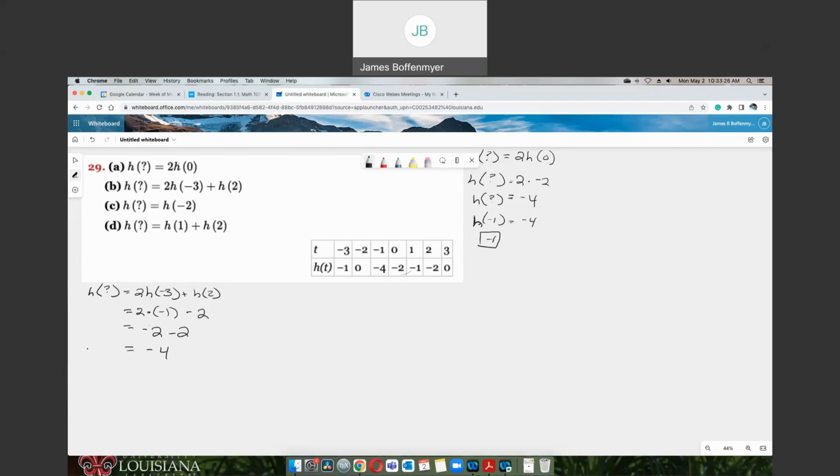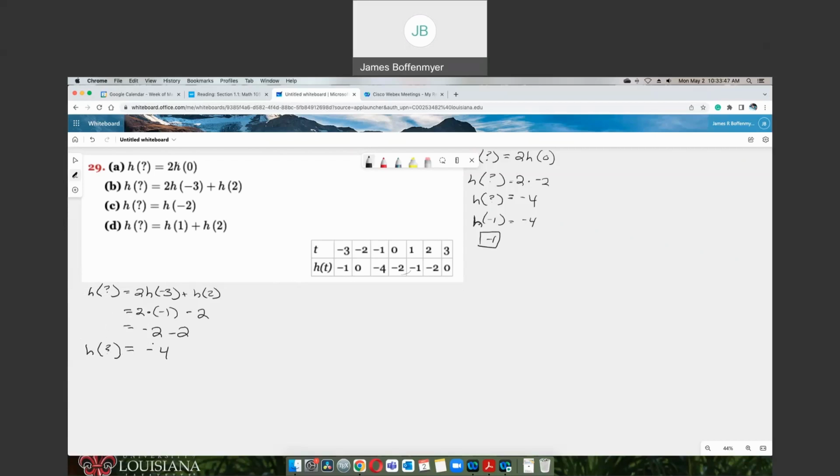That's not the final answer, because what we're trying to look for is inside the parentheses. It's that question mark inside the parentheses. So what t value has an h value of -4? I know it's a little confusing.